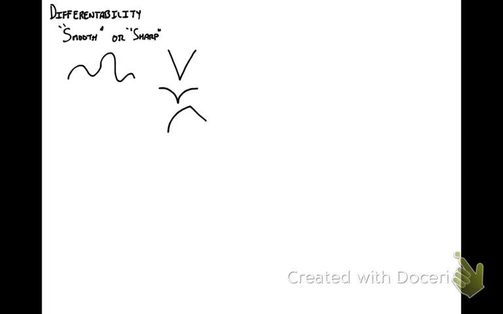And the major difference between the smooth curve and the sharp points really ties into the idea of limit. So let's talk about the limit of each of these potentially. If you were to consider the derivative of the left-hand side, or consider the slope of this, because it's going down, it could have a slope of, say, -3.